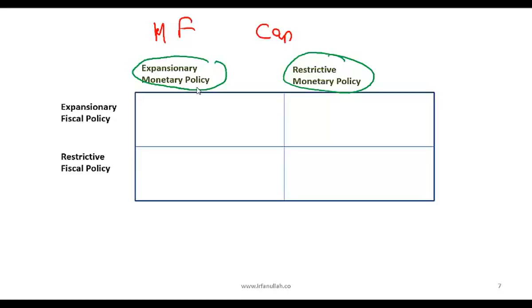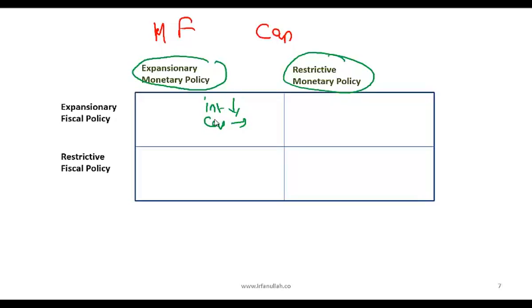It means that money supply is increasing and interest rates are low. So if you have interest rates relatively low, what will happen to capital? Will it flow into the country or flow out of the country? So capital will flow out because capital pursues high interest rates, right? So capital will flow out.